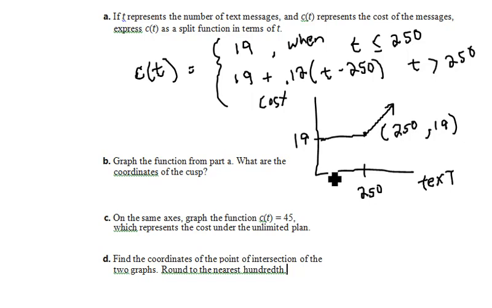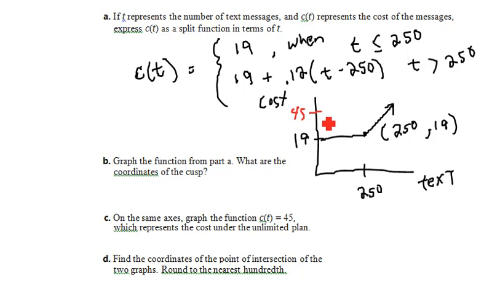Part C says graph the constant $45 unlimited plan on the same graph. Okay, there's another rough estimate here. We have $45.